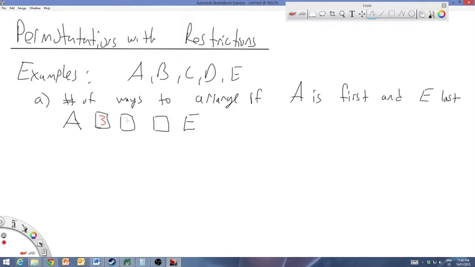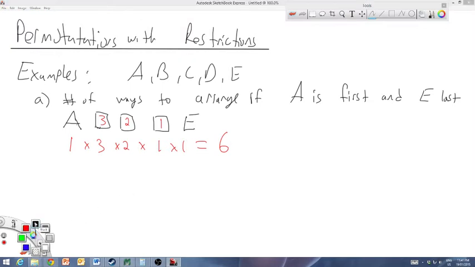The third spot, I can choose any of the 2 remaining. And this one, I can choose any 1 remaining. So the number of outcomes will be 1 way to arrange the first letter, 3 ways to arrange the second, 2 ways to arrange that, 1 way to arrange this, and 1 way to arrange that. So this is basically just 6. There's 6 different ways to arrange this if A is first and E is last.